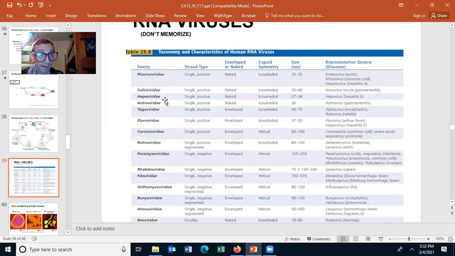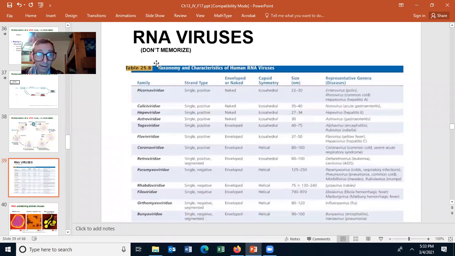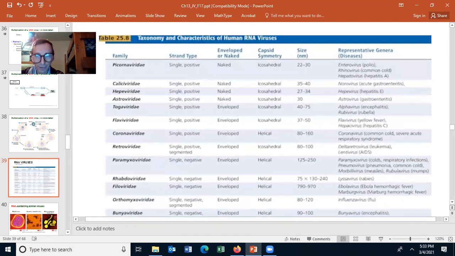The herpes viruses, we've talked about herpesviridae. I don't think we talk about these. Coronaviridae, we're going to talk about that one, about 3 or 4 slides. Retroviridae, we'll talk about this one. The retroviruses are an RNA family of viruses, but they are an exception, and we'll explain why when we get to the retroviruses at the end of the RNA viruses.